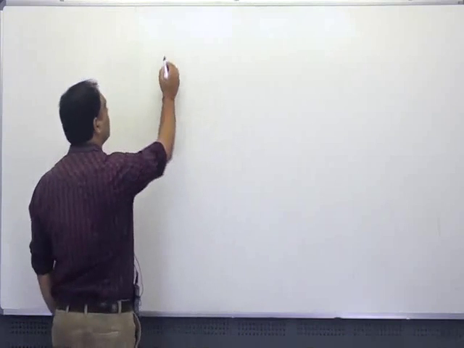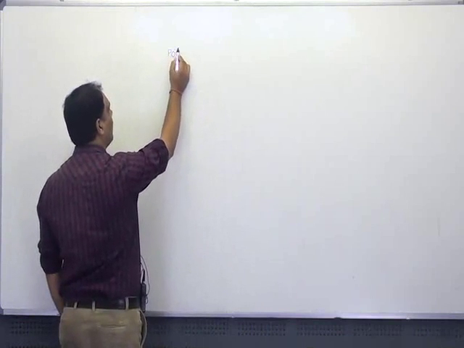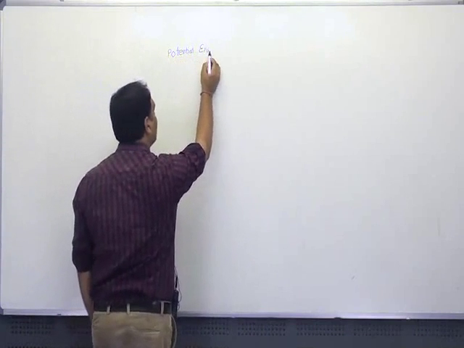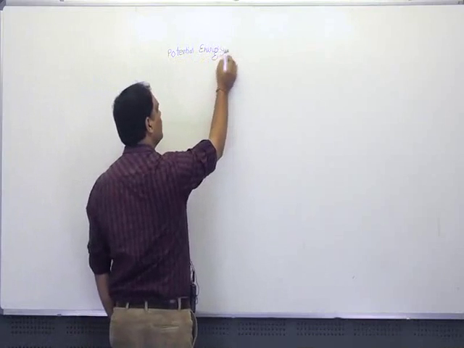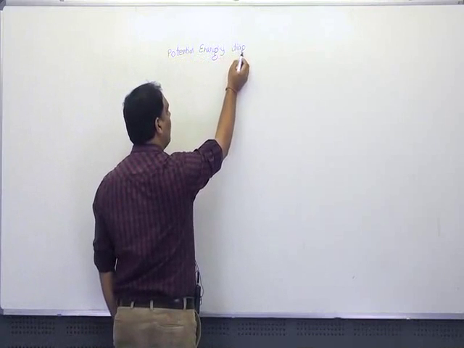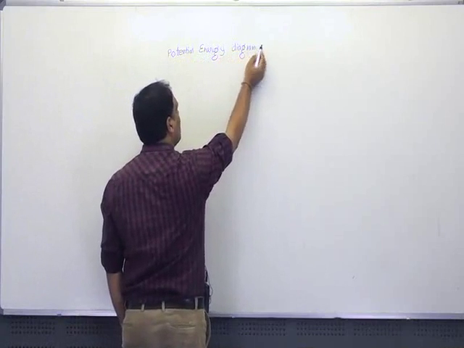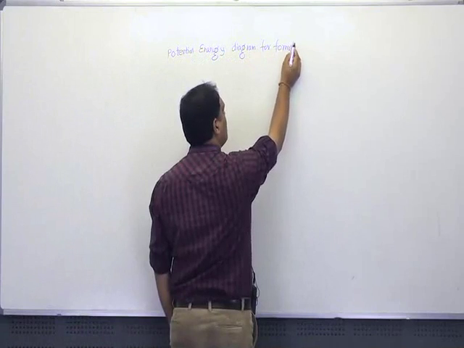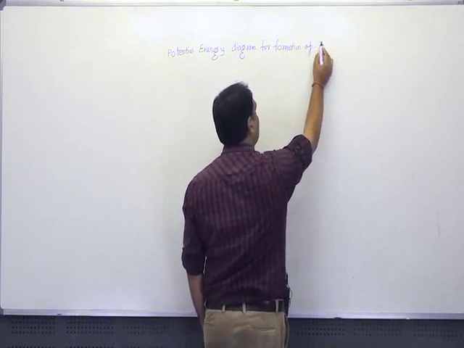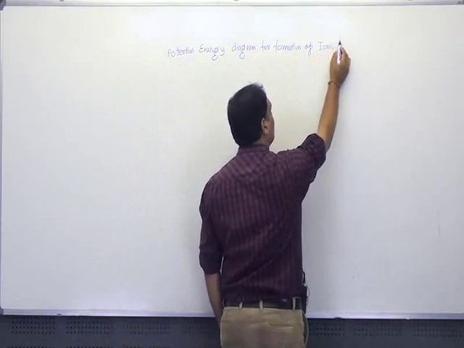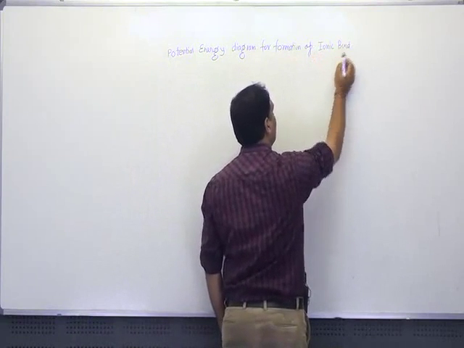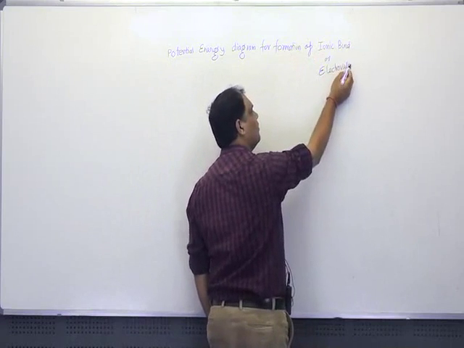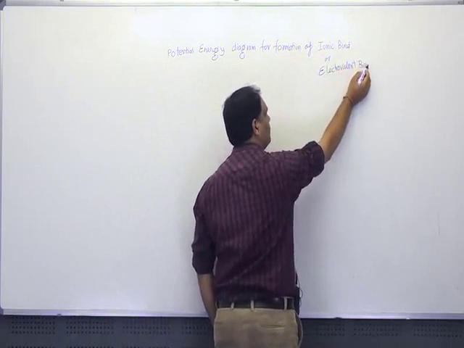Now we will discuss the potential energy diagram for formation of ionic bond or electrovalent bond.